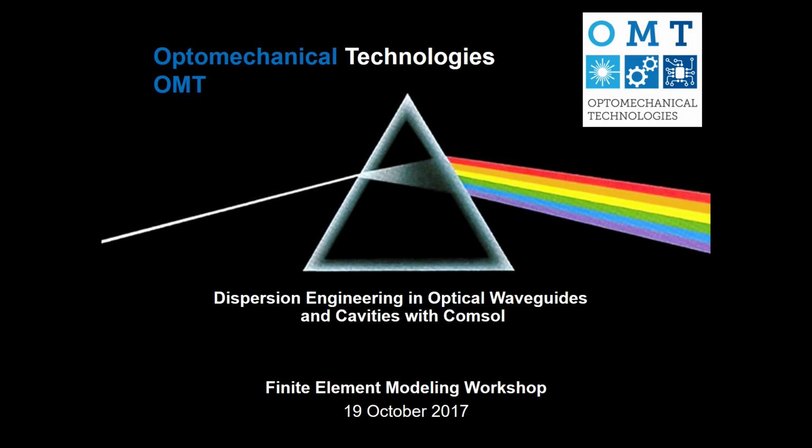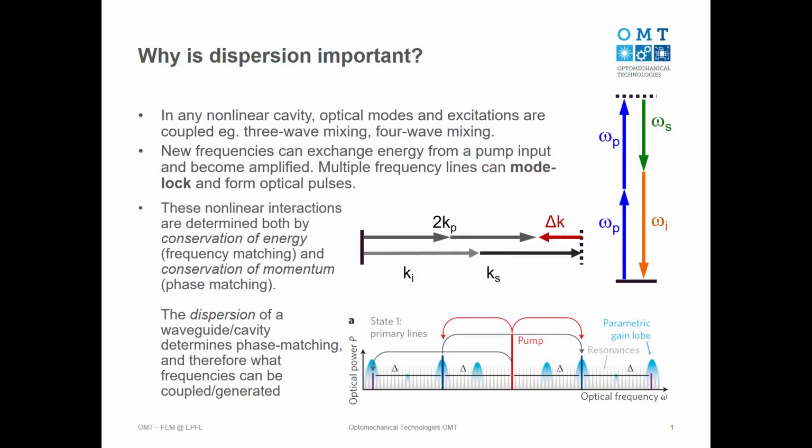As I'm sure you've heard, dispersion is when some frequencies travel at a different speed than other frequencies. This has a variety of consequences for broadband optical applications in photonics. Why is this important?